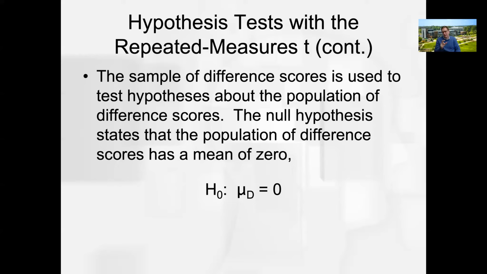And so the null hypothesis for these repeated measures t-tests, when you're doing a two-tailed t-test, is that the population of difference scores has a mean of 0. Right? So I'm taking all the difference scores and I'm averaging them together. The null hypothesis would be that those equal 0, or are not statistically significantly different from 0.